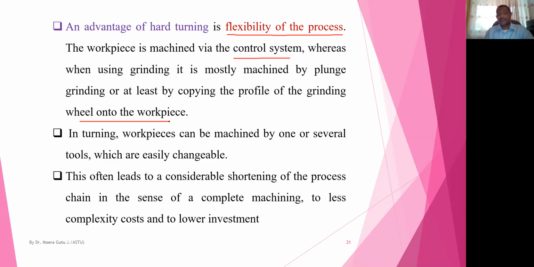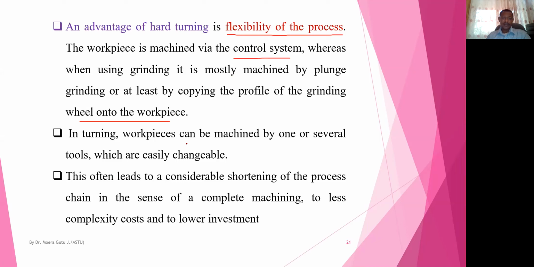The profile of the grinding wheel is imposed on the workpiece material during grinding, but during turning, it is not like that. With any shape of the turning tool, you can machine the surface profile which you require. This allows its flexibility.